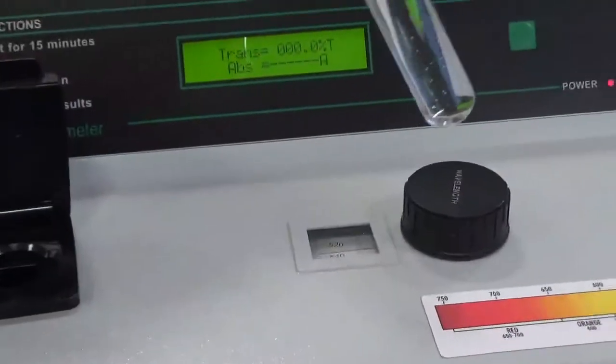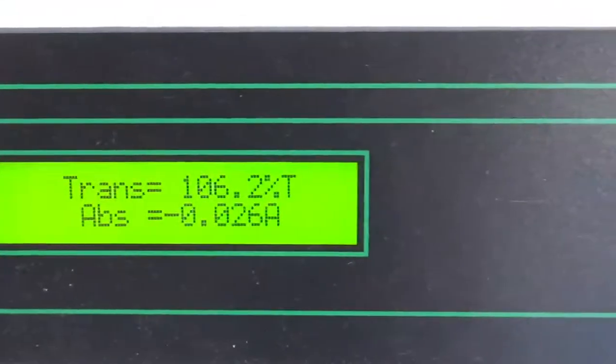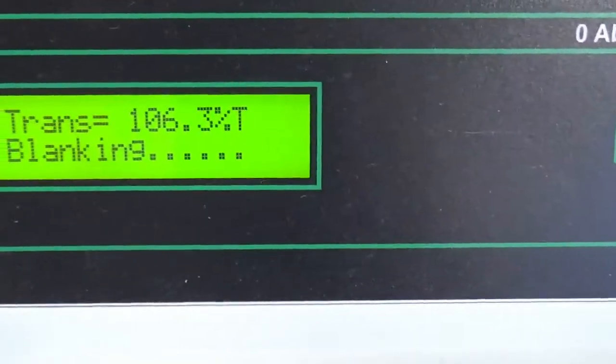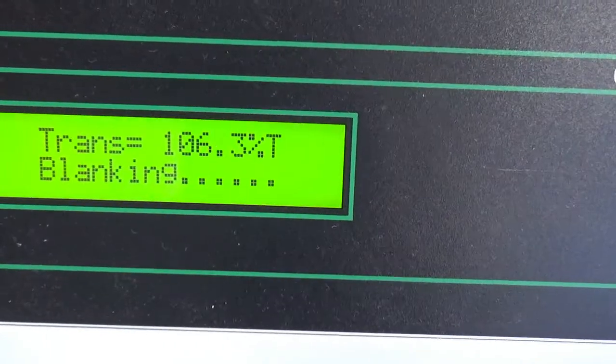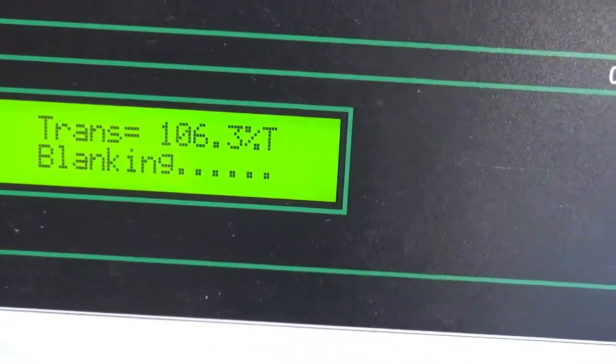Let me take the sample of water. So this is a sample of just plain old water. Put it in here. I want to zero that. So I'm going to hit the auto zero here. It's blanking that sample out.